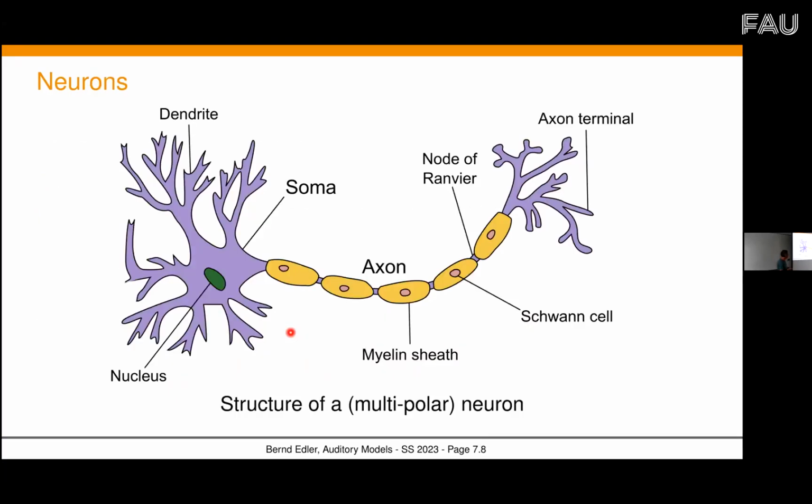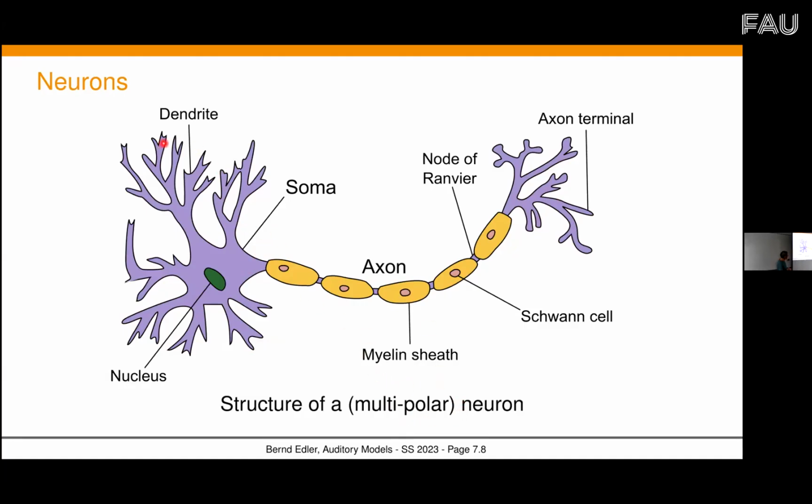And this is just one example of a neuron. There are different kinds of neurons in the body, so I will show you that as well. But we have one neuron, in this case a so-called multipolar neuron.